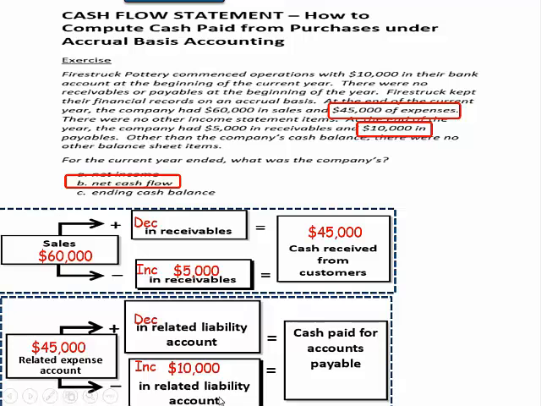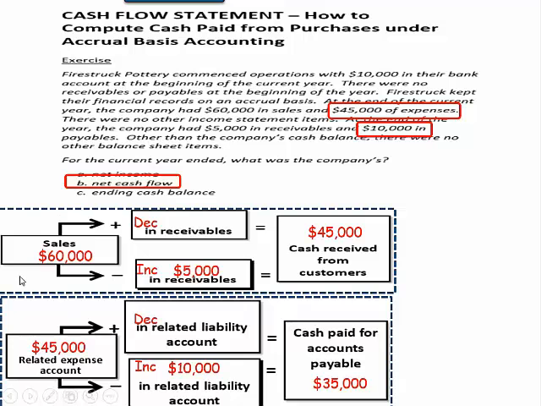So I'm going to be subtracting from the $45,000 of expenses basically $10,000, so the cash paid for accounts payable was actually $35,000. Now again, please keep in mind that the cash received from customers should be $55,000. The cash paid for accounts payable is okay at $35,000.